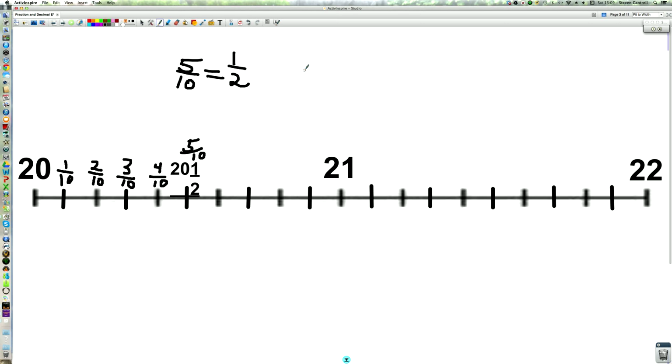Okay, so what is 5/10 equivalent to in a decimal? Well, how many places over is a tenth? It's my first place here, correct? So 5/10 would be 0.5, just like that. So this decimal is equivalent to both of these fractions.